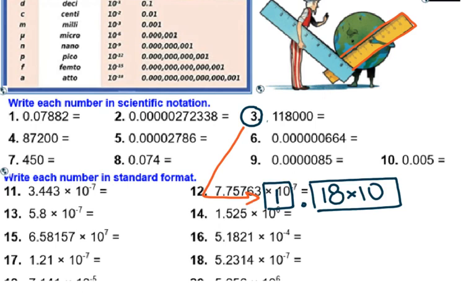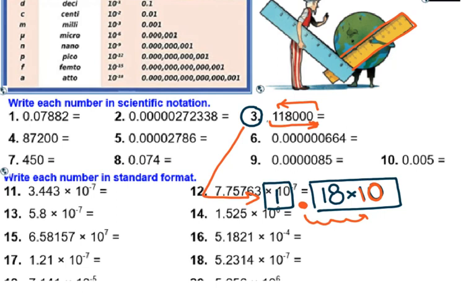So to go back to the original number, the one that I had, I need 10 to the positive power, because I want to move this decimal to the right to make this number again as big as it used to be. So I move this many positions back. So my decimal jumped this many positions back. Now I have to put it back all the way till the end.